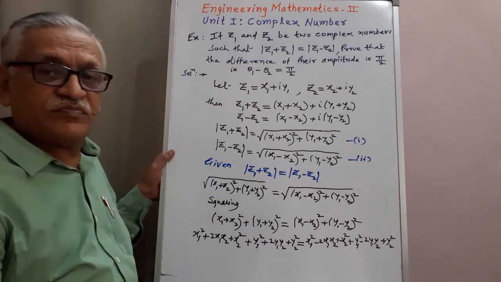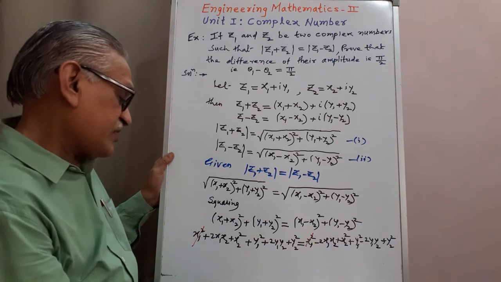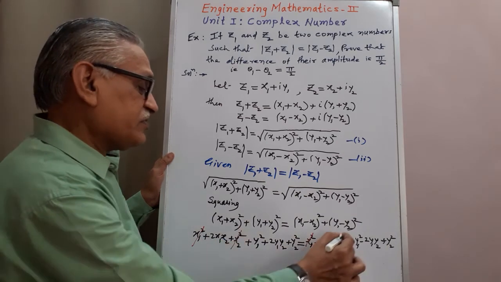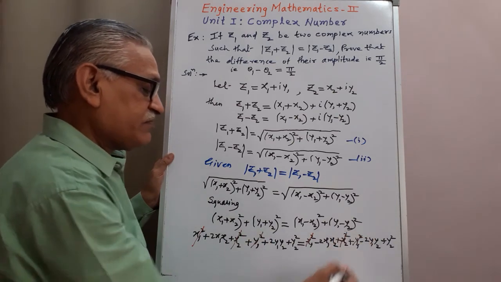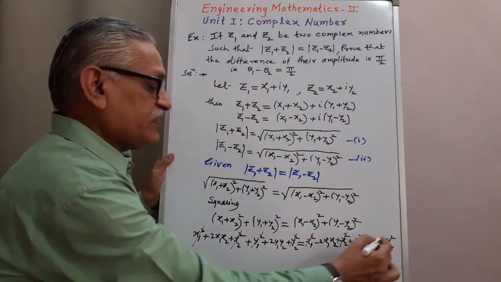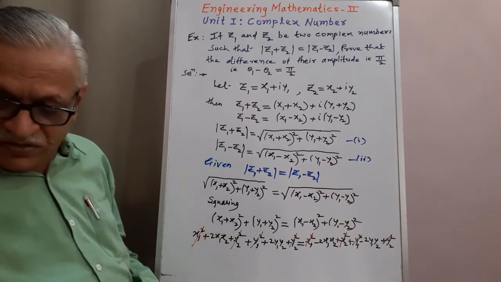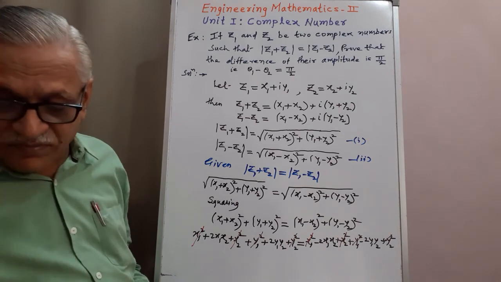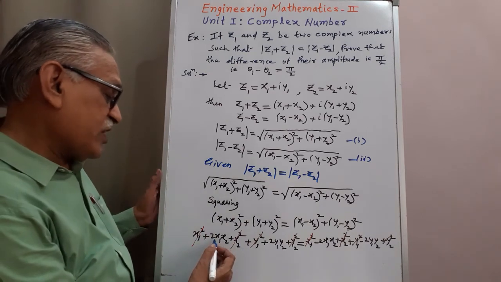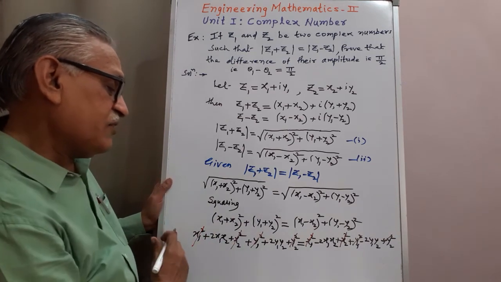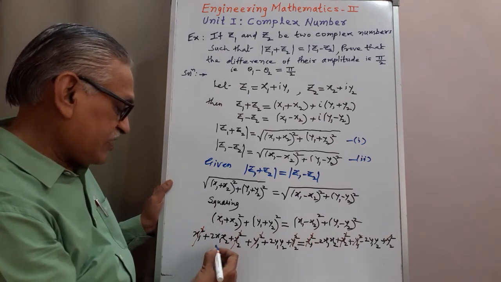Similar terms on both sides get cancelled. x1 square cancels with this x1 square, x2 square cancels with this x2 square, y1 square cancels with this y1 square, y2 square cancels with this y2 square, and therefore the remaining is 2x1x2. If we transfer this minus term to the left side, we get again 2x1x2.